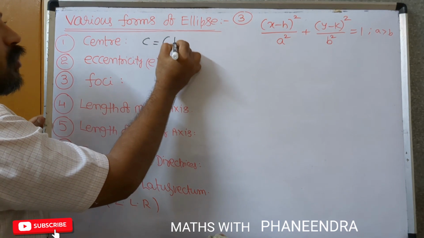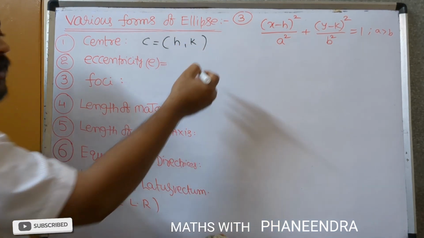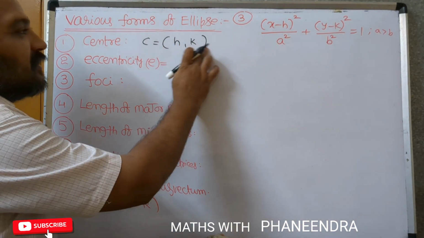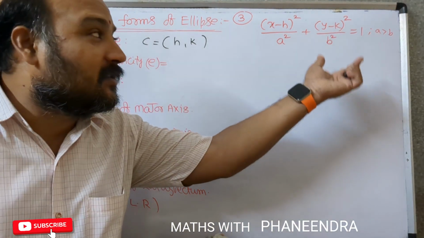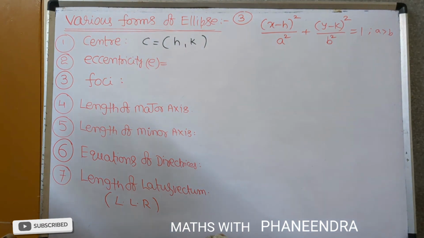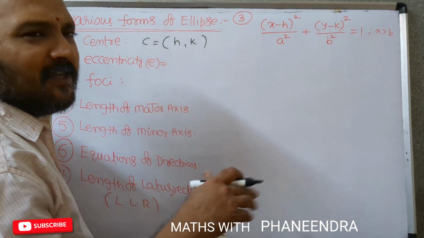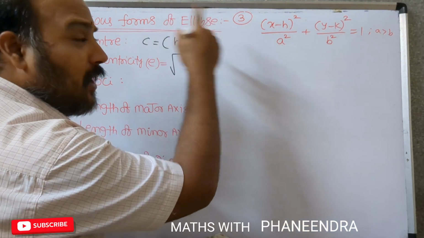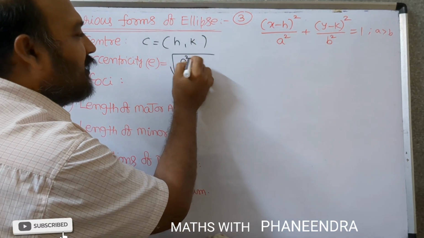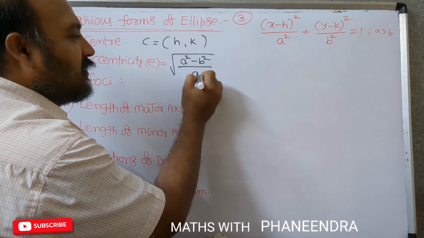Then the eccentricity cannot change. A is greater than b, so whatever we had for equation 1, square root of (a square minus b square) by a square, will come.